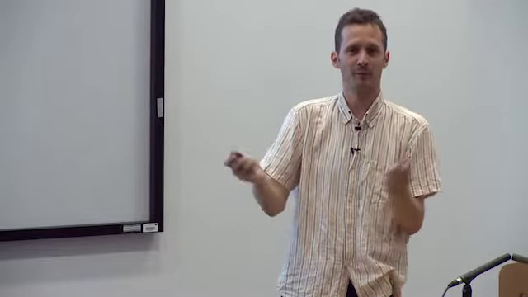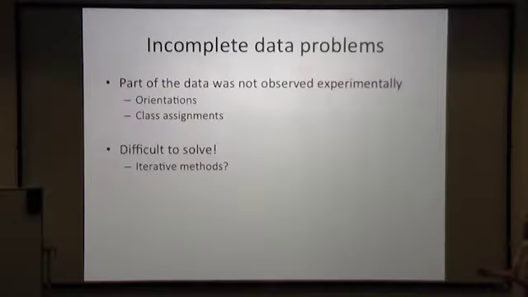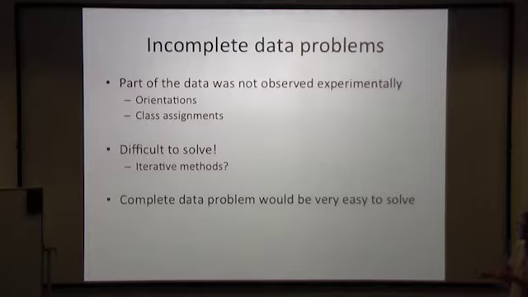If that microscope existed and you got the relative orientation of every particle printed next to it, then this whole problem of image refinement wouldn't exist. Okay? So because it's incomplete, it becomes difficult to solve. Often people use iterative methods, and with this perfect microscope that would tell you, the whole thing would be very easy and we wouldn't have a problem at all.